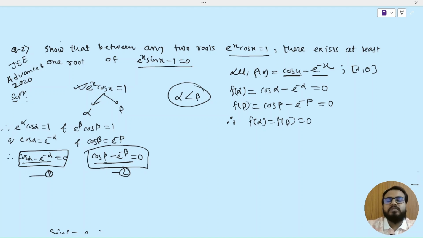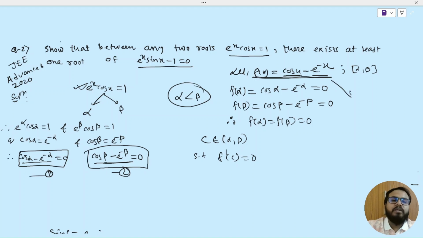Since all the conditions of Rolle's theorem are satisfied by the function f, there must exist a point c lying in the open interval (alpha, beta) such that f dash c equals 0. Now, since f of x equals this, we calculate f dash x.